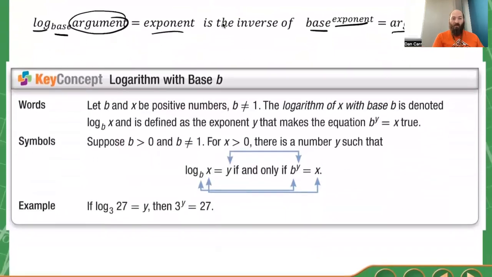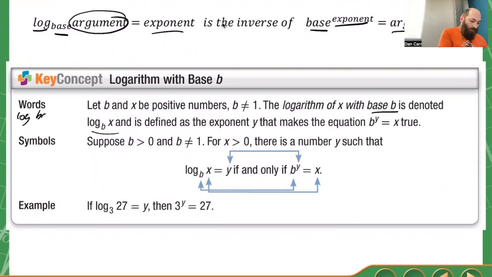If b and x are positive numbers and b is not equal to 1, the logarithm of x with base b is this right here. We read that as log base b of x. What this is referring to is it's defined by the exponent y that makes the equation b to the y equal to x.